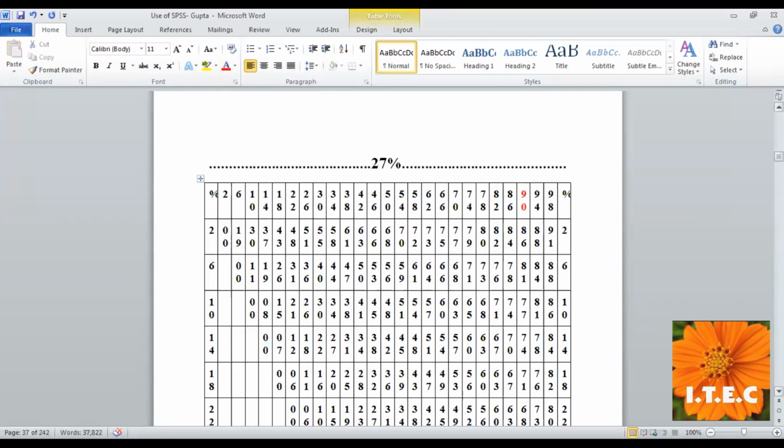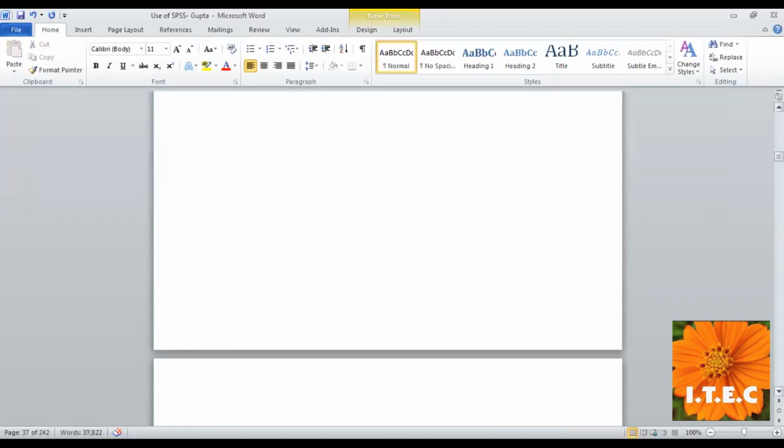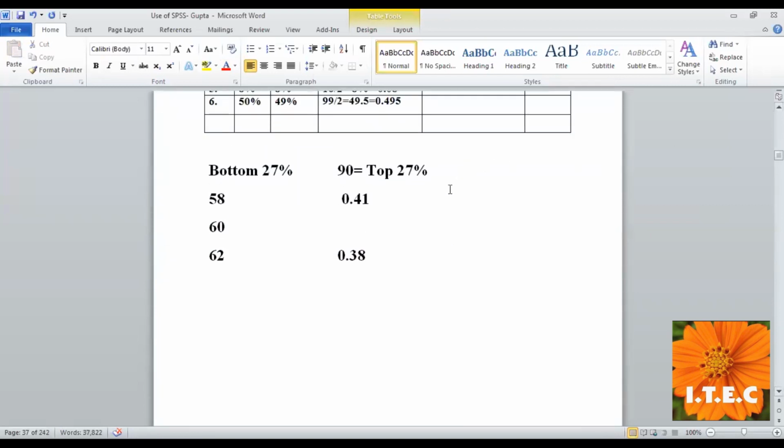So that means the difference between 58 and 62 is 4. When 4 is the difference, then the difference between 0.41 and 0.38 is 0.03. 0.41 minus 0.38 is 0.03.